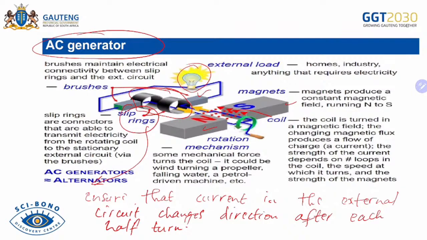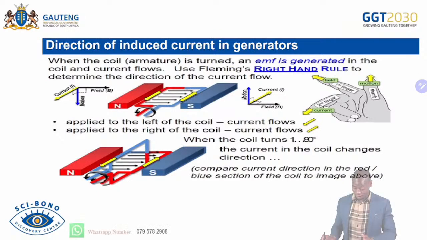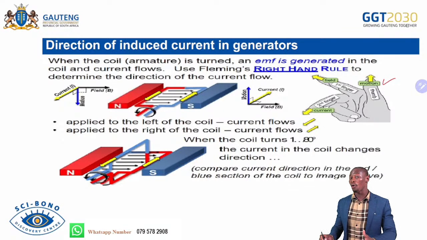Then, to find the direction of the induced current, I've talked about that already. To find the direction of the induced current, we use Fleming's right-hand rule for generators, right? When you use your right hand, the thumb is in the direction of the force, whether the coil will move up or down.